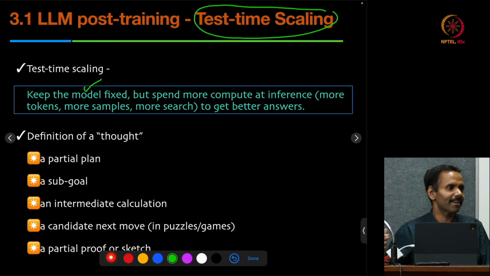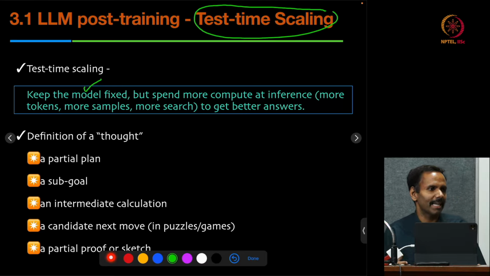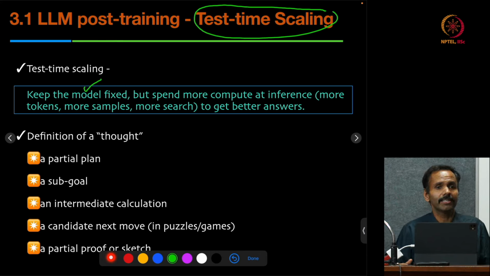These are different variants of how much test time scaling you allow. If you allow very little to no test time scaling, you get instant, immediate responses. If you allow significant thinking and search, then you get nuanced, very refined, very relevant responses, but with higher latency.